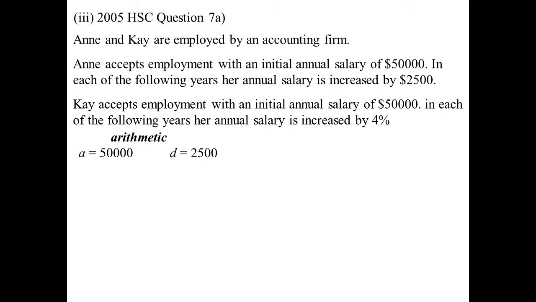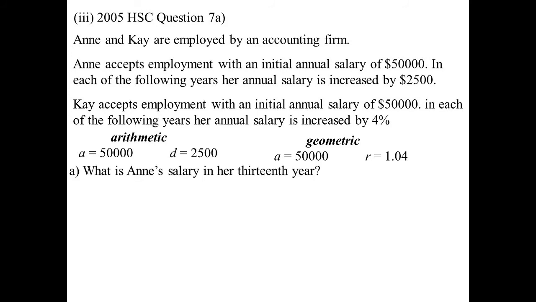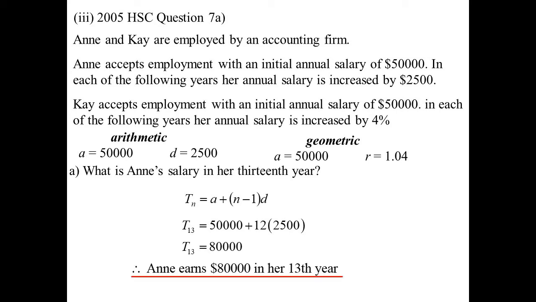Anne is arithmetic. a is 50,000, d is 2,500. Kay is geometric. Ratio 1.04 because we're increasing by 4%. So the first thing they want to know is, what's Anne's salary in the 13th year? So general term. Sub in. $80,000.